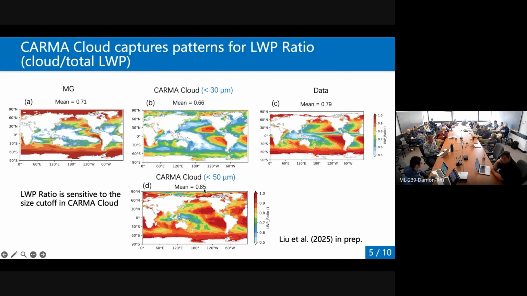Now the values look larger than the previous one and are now greater than the data. For the MG, it looks like it lacks some areas in the circled areas compared to the data. But for Karma, we have a good pattern.